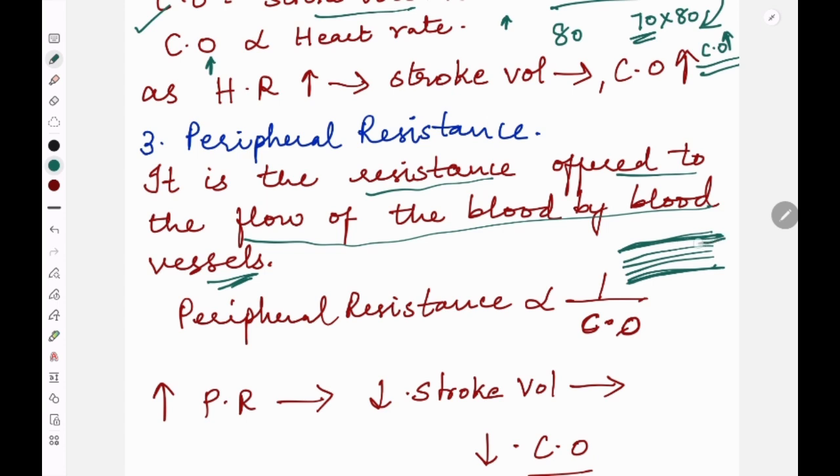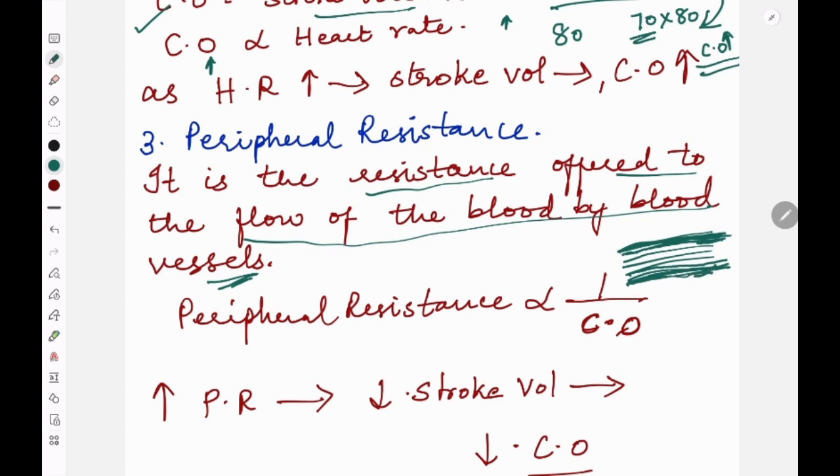The blood vessel shows the property of peripheral resistance, so it prevents the flow of the blood. It acts as resistance to the flow of blood. Hence peripheral resistance is the property of blood vessels.